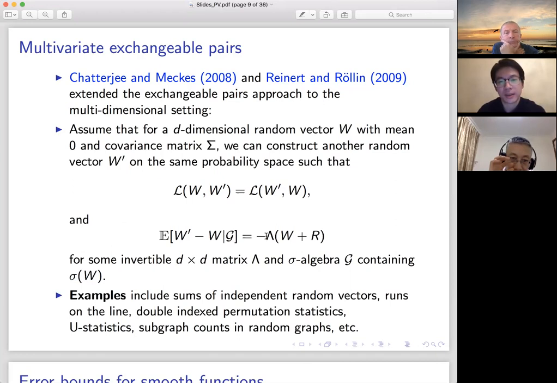So if it's some constant times the identity matrix, then this setting was proposed by Chatterjee and Meckes, and Reinert and Röllin considered this more general setting of Lambda being a possibly non-identity matrix.